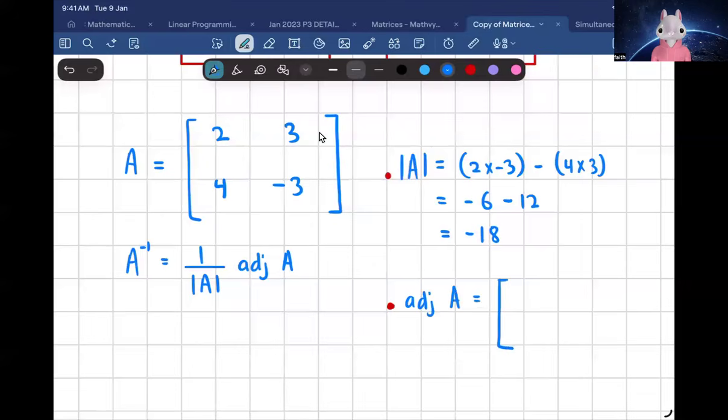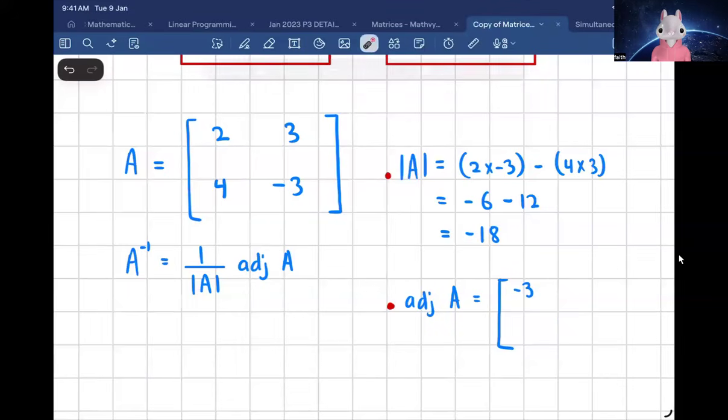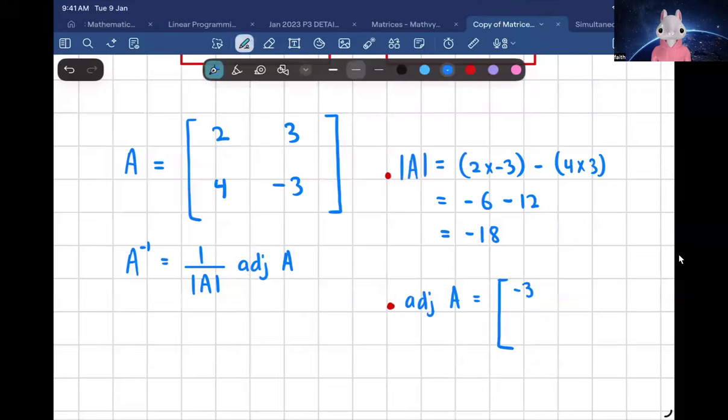So how would I find the adjoint of A? Let me run through the steps. You're going to swap these two. So I put -3 over here and 2 over here.